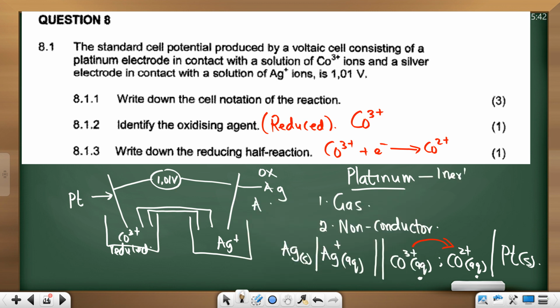Platinum is inert. It is a conductor. And it is a solid. Inert means it will not react. So anytime we have a gas or something that will not conduct electricity, we use platinum. Inert, conductor, and solid. They might ask you all of those. So take note of that.